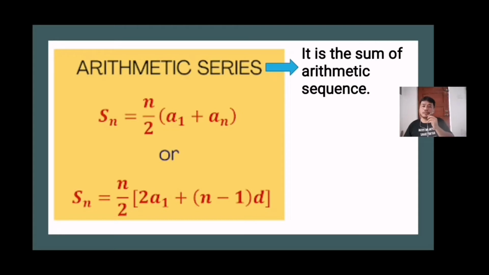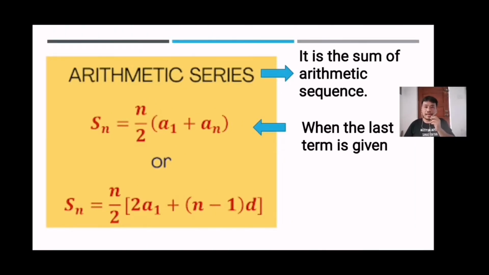And you will notice here, meron tayong dalawang formula. The first one is S sub n is equals to n over 2 times the quantity of a sub 1 plus a sub n, or yung sum ng first and the last term. So we will be using this short formula of arithmetic series when the last term is given.